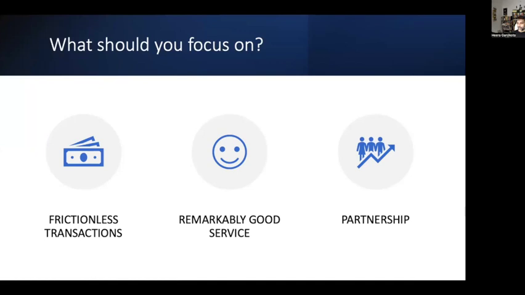So in order to give a good experience, we talked about the customer journey, but also what are the things that you should focus on? In my view, there are three things you should focus on. One is frictionless transactions. All the transactions are smooth and they don't cause any problems.